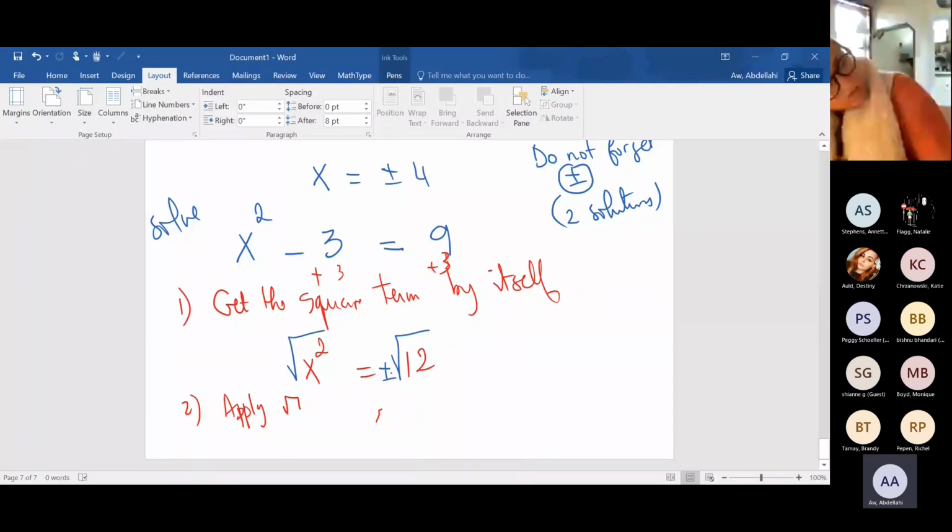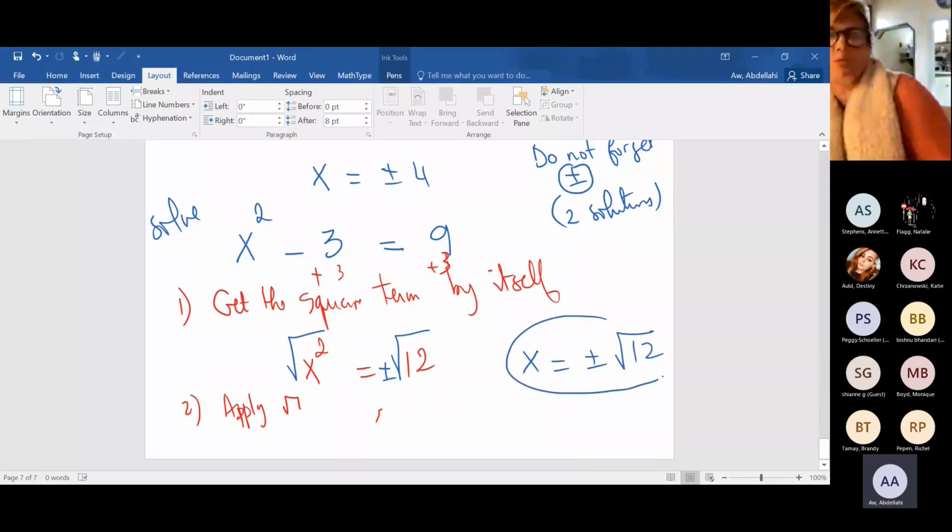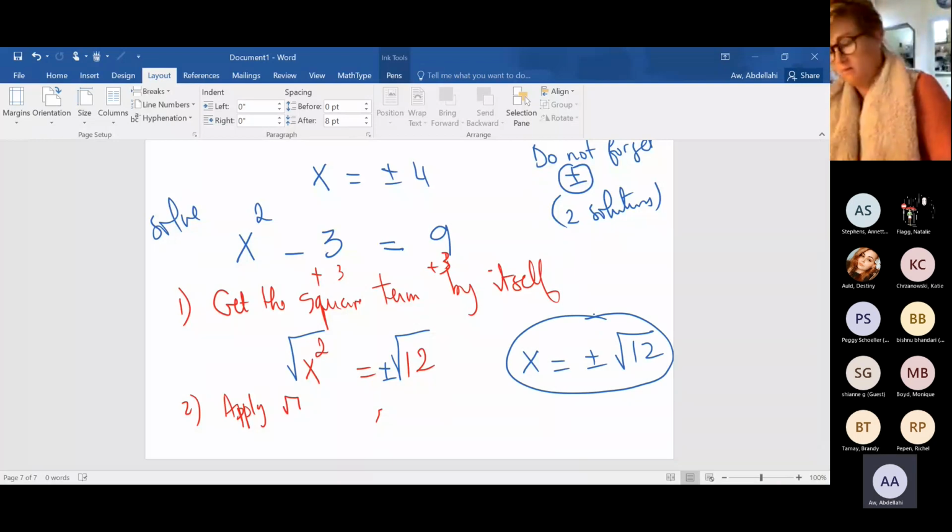If you forget the plus or minus, you just gave one solution and you forgot another one, right? We have two solutions. So we get x equal plus or minus square root of 12. Do we simplify it more? You don't need to, because in this topic, we don't need to simplify. You can simplify just to practice the simplification, but you can leave it like that.